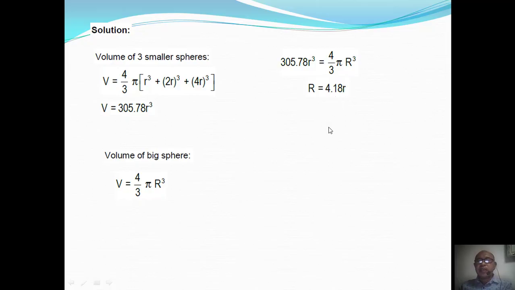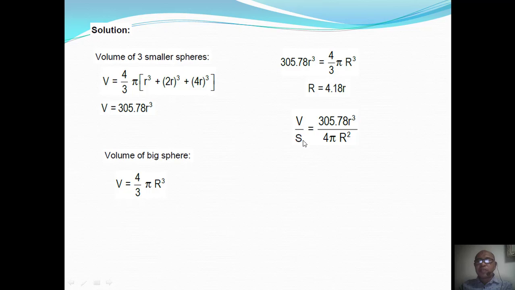Then we consider the volume to surface area ratio of the big sphere. So we have volume over surface area. The volume is 305.78 r cubed, while the surface area, when the radius is R, is 4 pi R squared. But we can express the big R in terms of the small r.